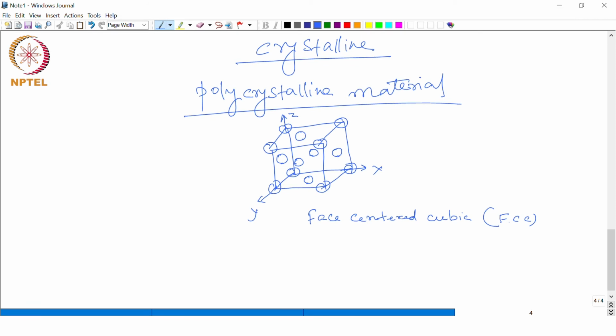An example of an FCC metal is aluminum, or copper, which is also FCC. Okay. One more variation can be like this.